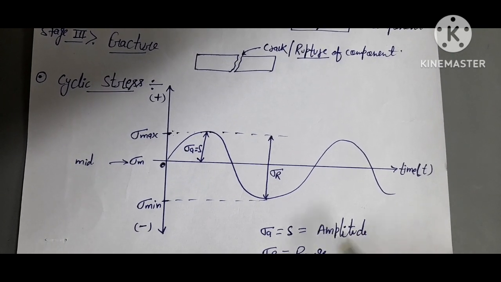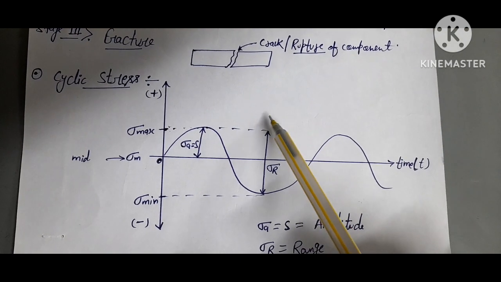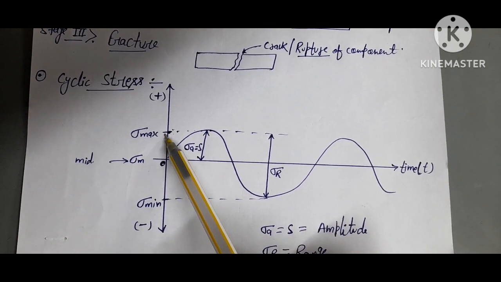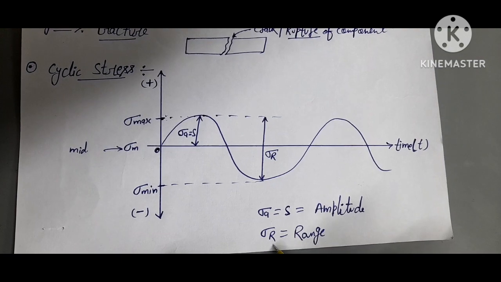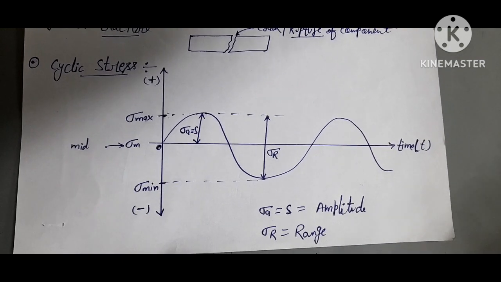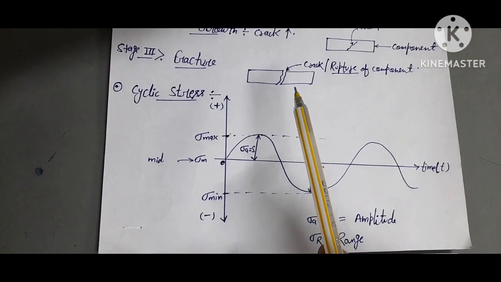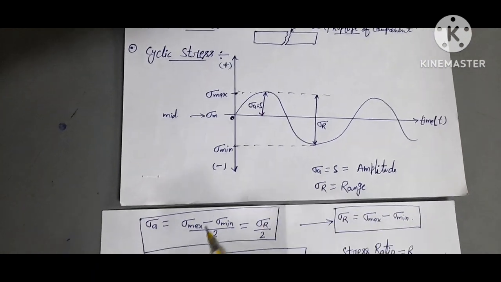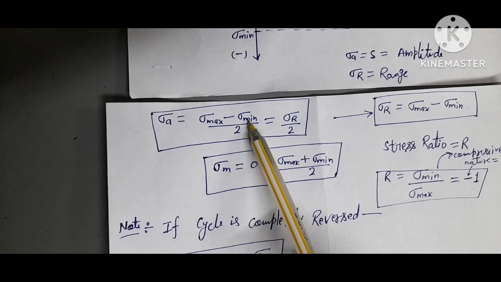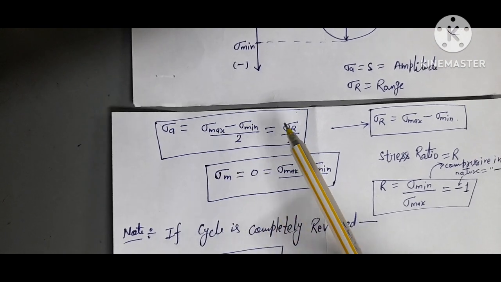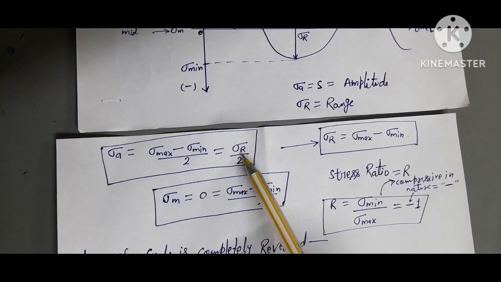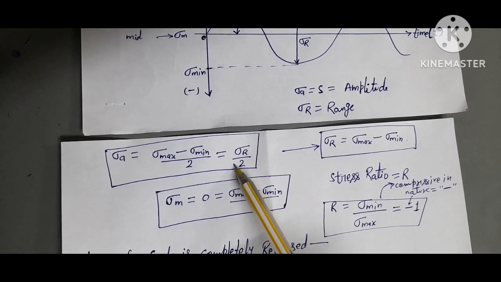It will be called amplitude, and the difference between sigma max and sigma min is known as the range of the stress. So the stress amplitude sigma a or S equals sigma max minus sigma min divided by 2, and it is also known as the stress range divided by 2.